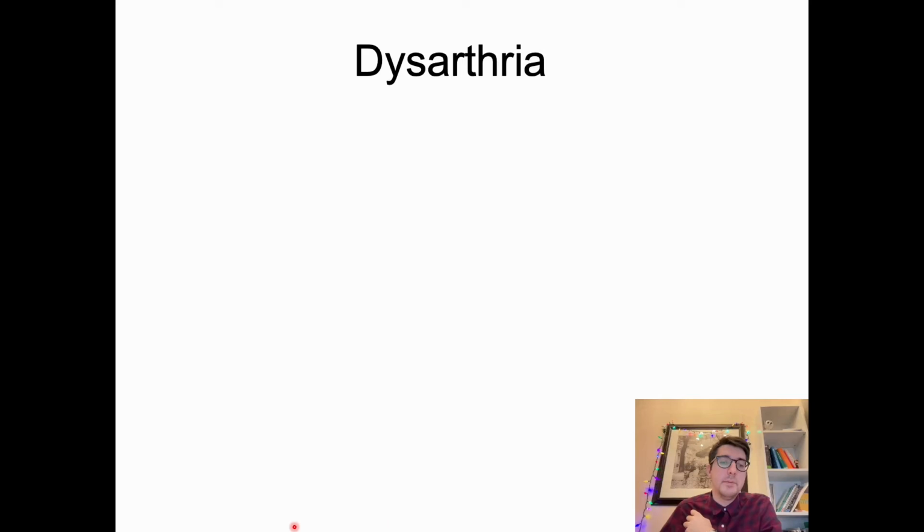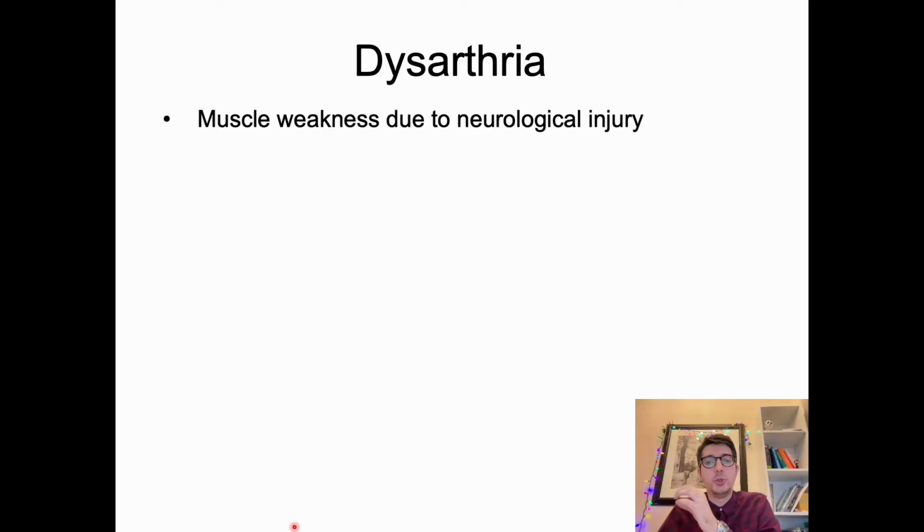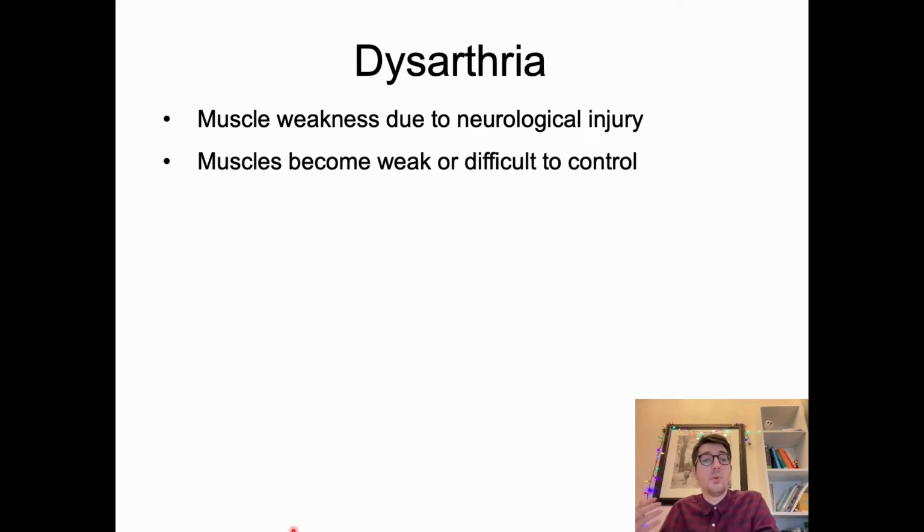Dysarthria is a muscle weakness due to neurological injuries. Now we are heading straight towards certain challenges that affect individuals and that speech language pathologists should know about, right? So dysarthria is a muscle weakness due to neurological injury. Muscles become weak or difficult to control.